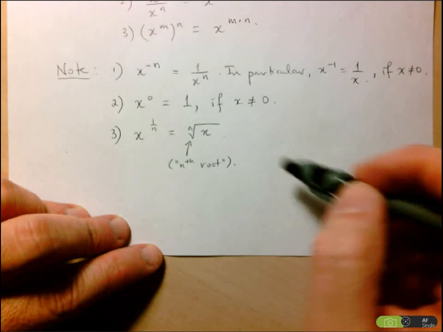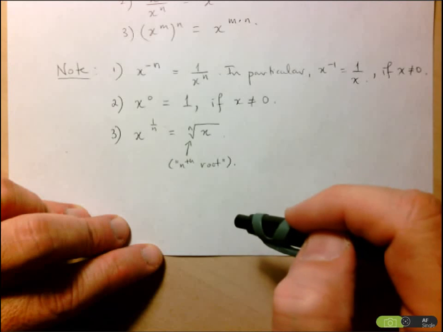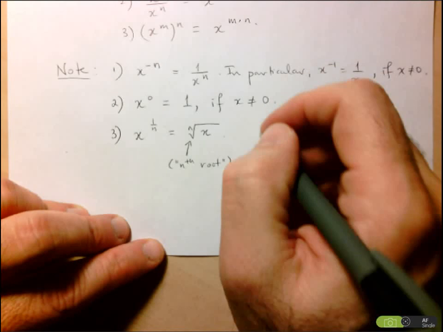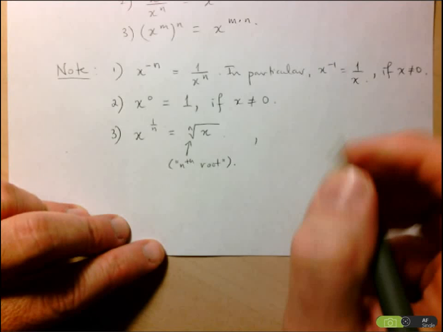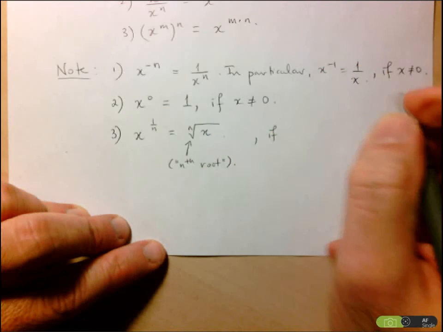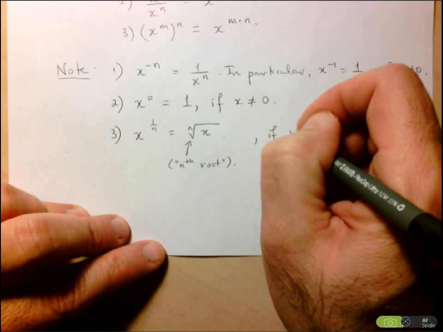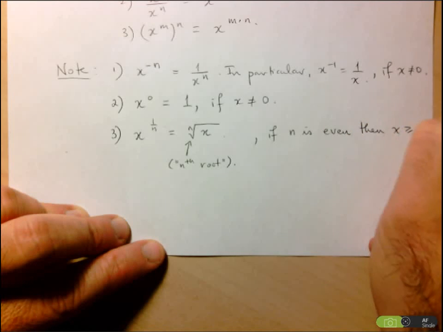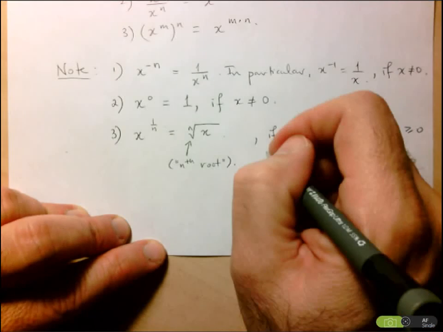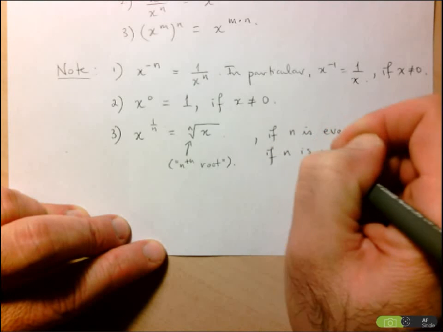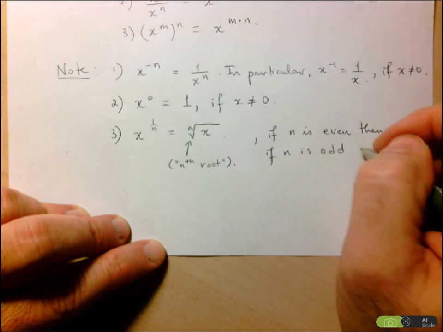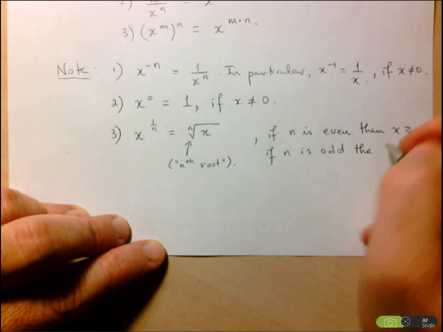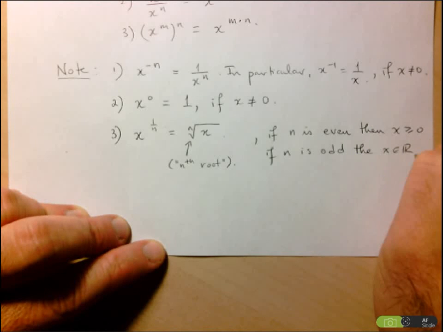So you can take cube roots of negative numbers. So here we have to give a double condition. If n is even, then x has to be greater than or equal to 0. And if n is odd, then x can be any real number.